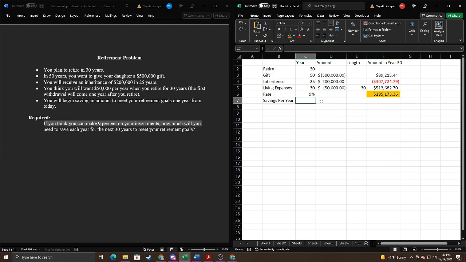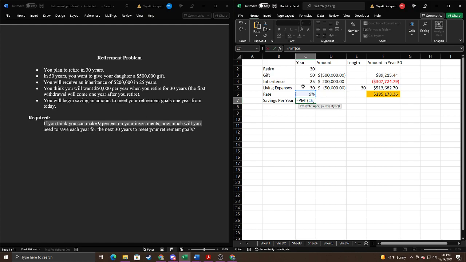But remember, we need to figure out how much we need to save every year in order to get this amount in year 30. And you might just think, oh, well, we divide this by 30 and we would get about $10,000, but that's not it, because remember, we need to use the compounding on the investment. So what we're going to do here is we're going to do equals payment, or the payment we need to make, and we're going to get our rate once again, which is still 9%.